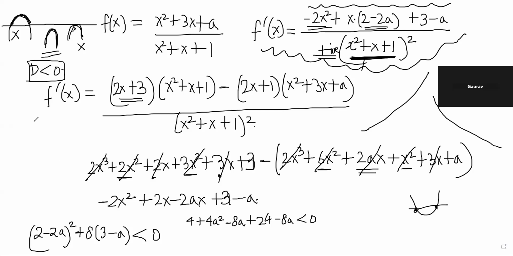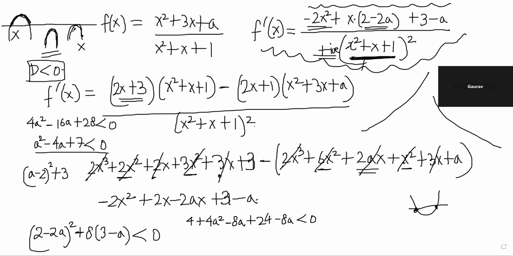You're getting 4a square minus 16a plus 28 is less than 0. Cancel 4: a square minus 4a plus 7 is less than 0, right? So now if you think about it, this is (a minus 2) whole square plus 3 is less than 0, which is not possible, right? It is always greater than 0, right?